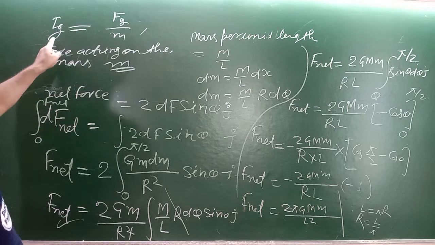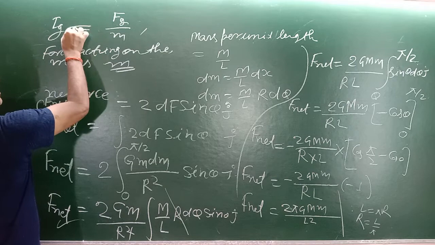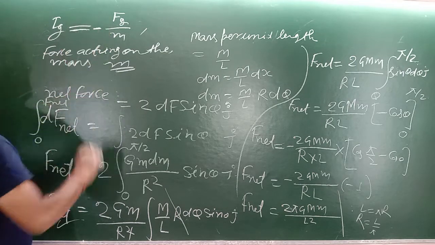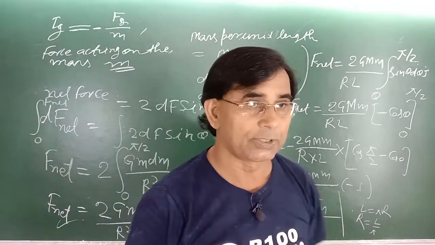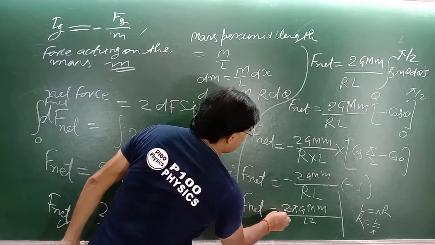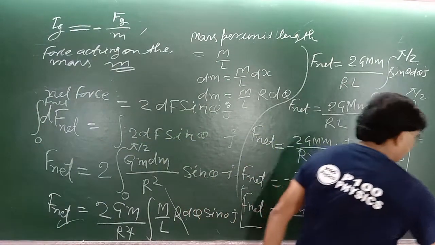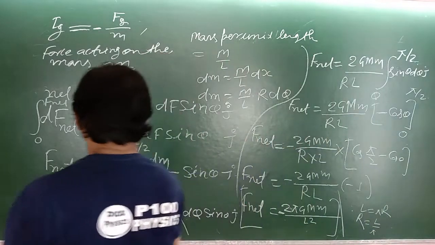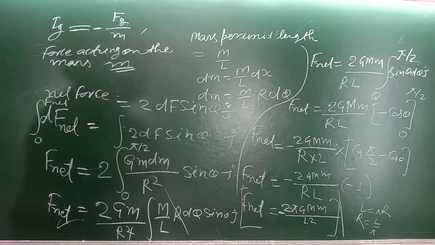But you know, in this, Ig equal to minus Fg. Ig will be how much? Always keep in mind, Ig equal to negative quantity, so this minus will appear here. Therefore the final answer of this question becomes, note all the important points. Most important question.